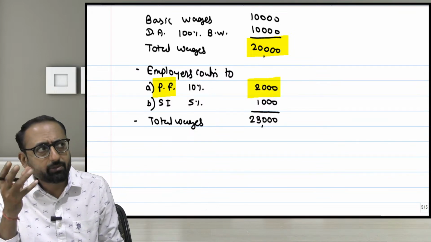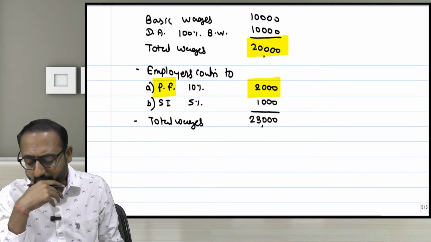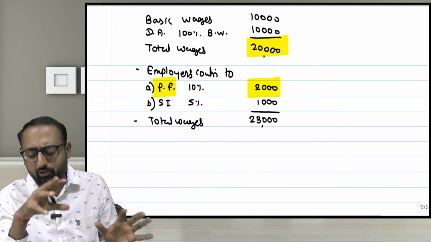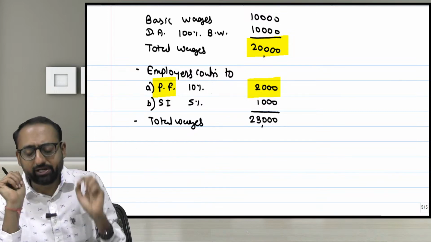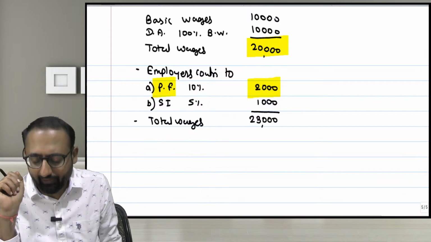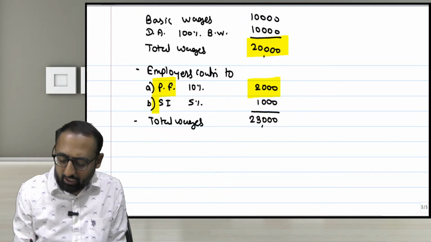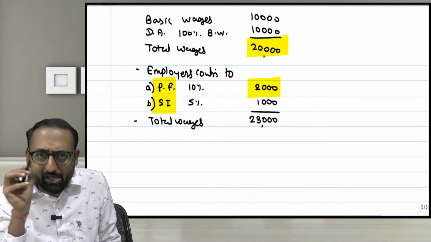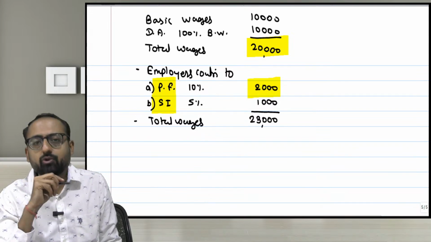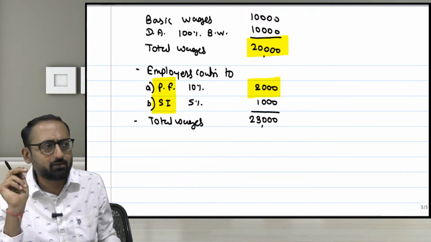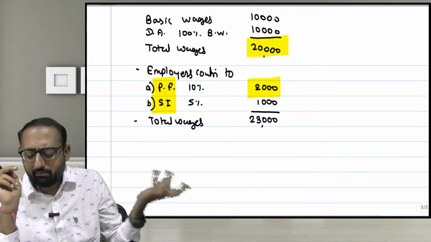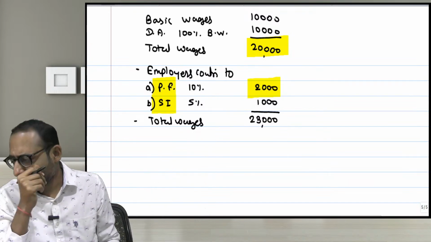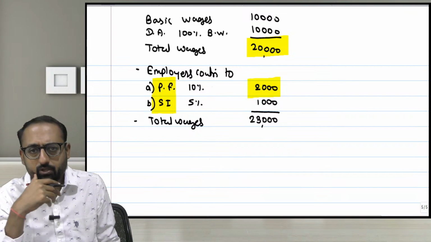So at the time of retirement or death also, that worker or his family will get the accumulated amount in that PF, provident fund, plus insurance, that employer is paying insurance premium of yours. So if any mishap is there, your family may get that insurance policy benefit.